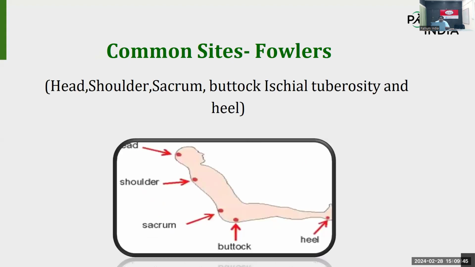In Fowler's position, the occiput may be affected, shoulder, sacrum, buttocks and heel. The common sites are heel and buttocks, which may be affected in all patients.